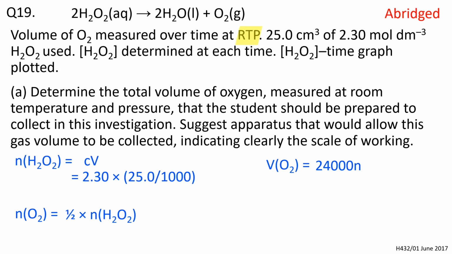So now the numbers go in. Instead of times 10 to the minus 3, I've just simply divided by 1,000 there for that 25 centimeters cubed. That's going to convert it into decimeters cubed to be consistent with the units of concentration. And that gives me 0.0575 moles. It worked out exactly that, but if it was a couple more decimal places which were not zeros, I would include those in my in-process results.